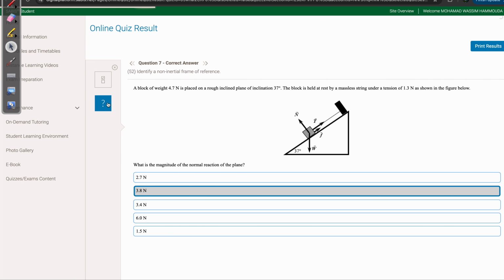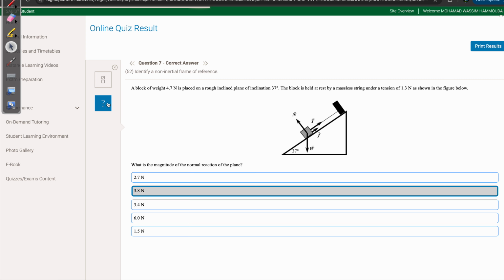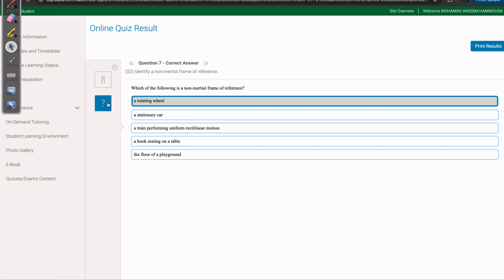Number 7. Let's patiently wait. Okay. Which of the following is a non-inertial frame of reference? Look, a non-inertial frame of reference is basically a frame of reference that is moving with respect to the earth.